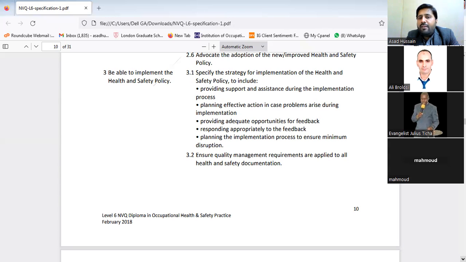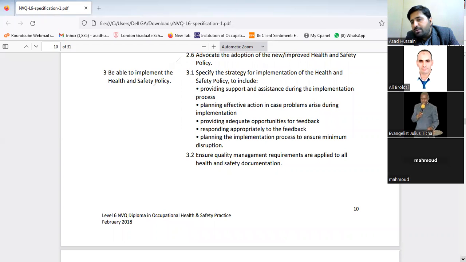And then planning effective action in case problems arise. As I told you before, whenever you implement something new, a change, there will be some problems. So you should have a clear plan for tackling those problems, what type of actions you have to take if some type of problems arise there.